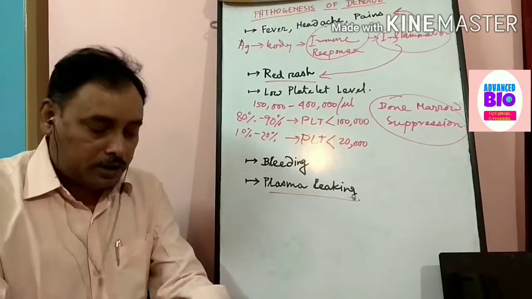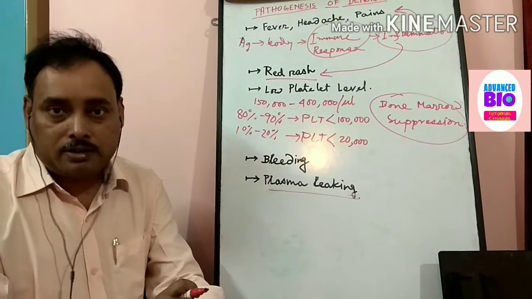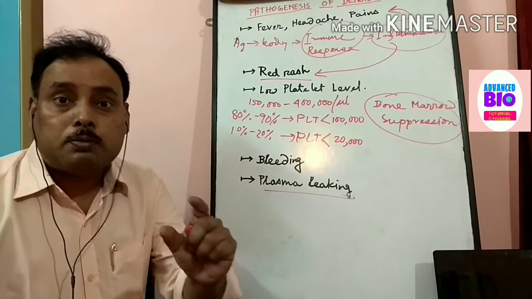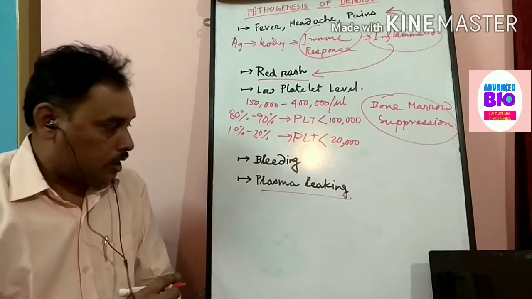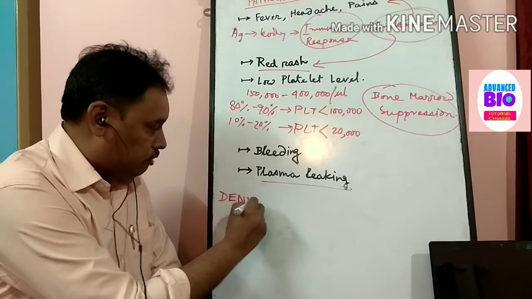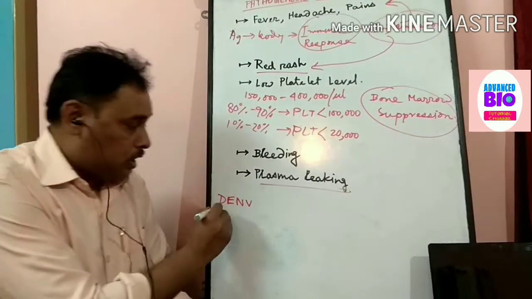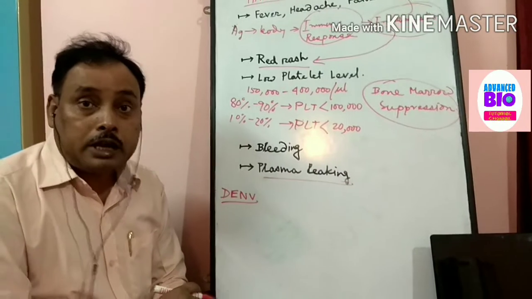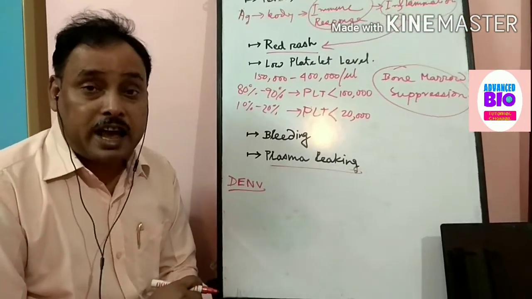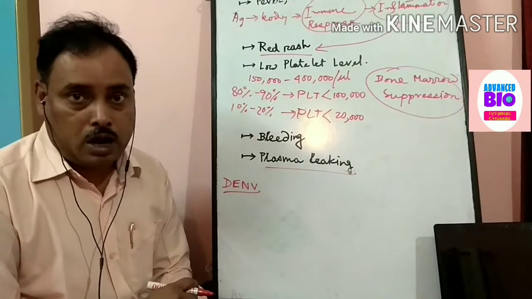When dengue virus enters in our body through the skin after mosquito biting, then it reaches to the dermis layer of the skin. And suppose this is the dengue virus. Now in the dermis layer, there are some APC cells, that means antigen presenting cells.